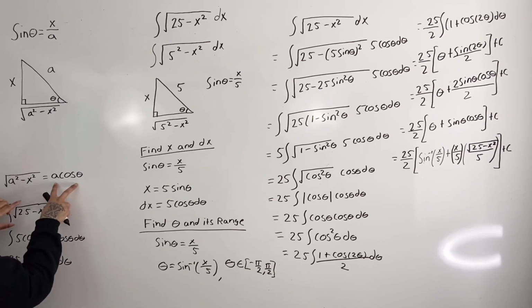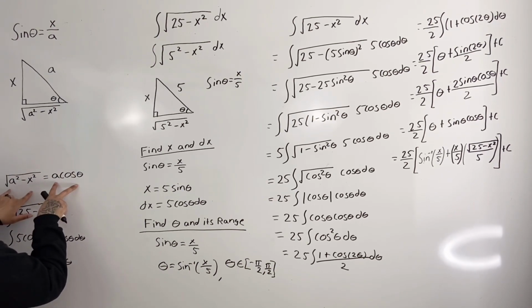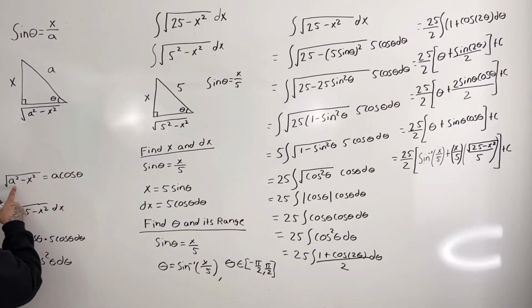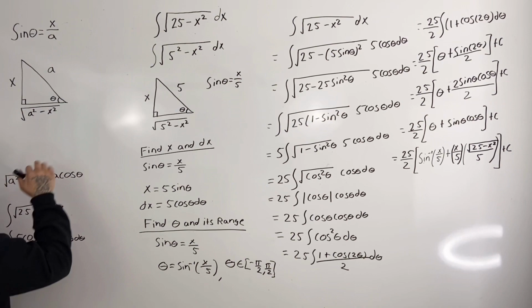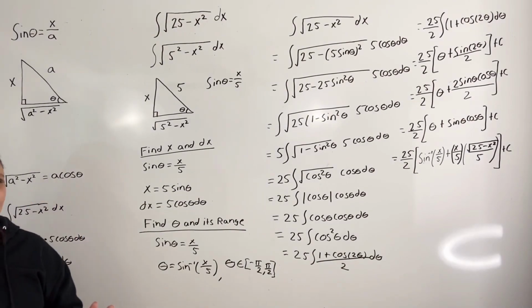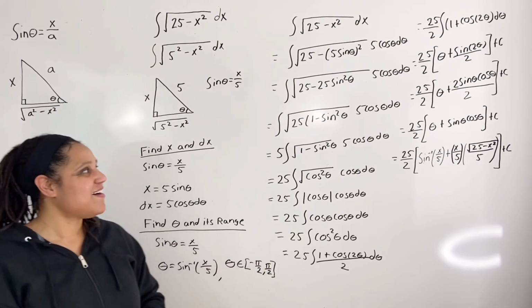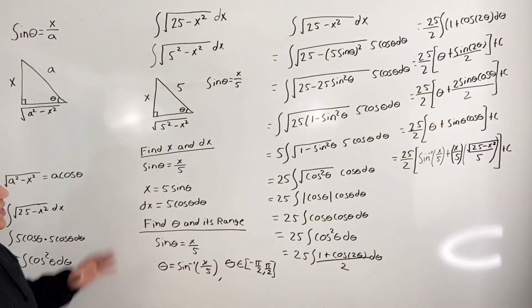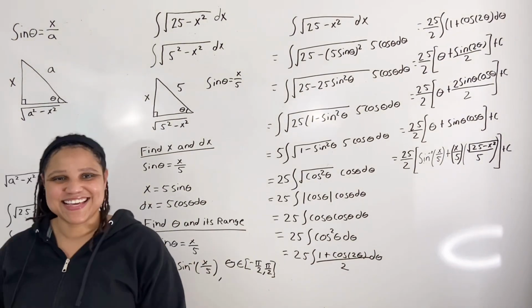I would need to square both sides so that a squared minus x squared would equal a cosine theta squared. So you just have to be careful. But for sure, it will always work out nicely when you go about it in the fashion that I have shown you in this example.